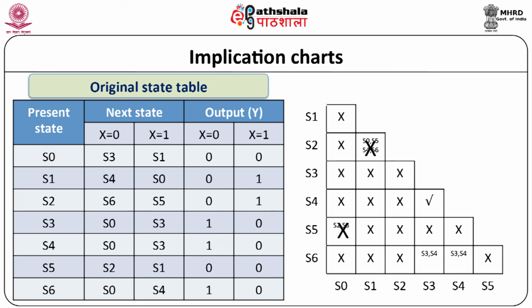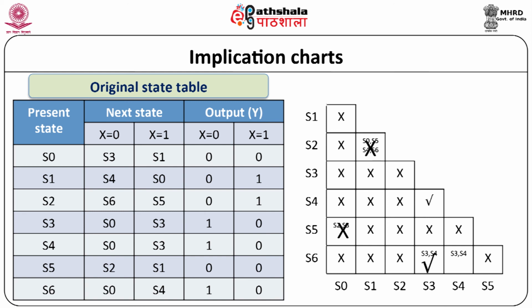The implied square S1 and S2 requires that the state pairs S0 and S5, and S4 and S6 must be equivalent. The implied square S0 and S5 is not equivalent. Hence, it is necessary to place x in the implied square defined by S1 and S2.